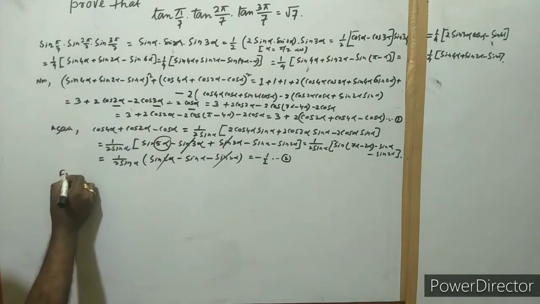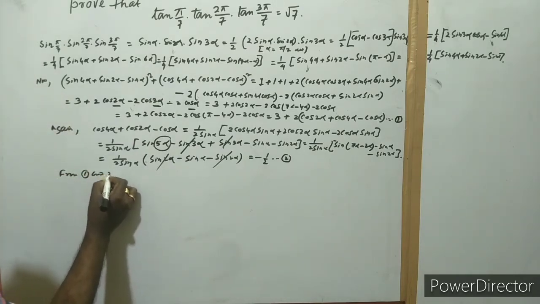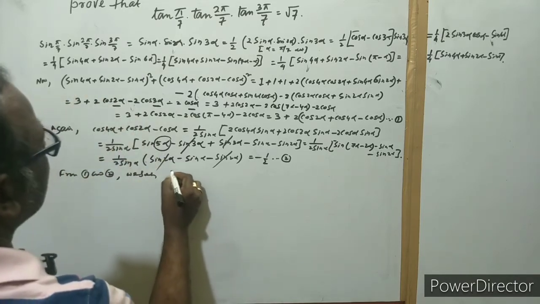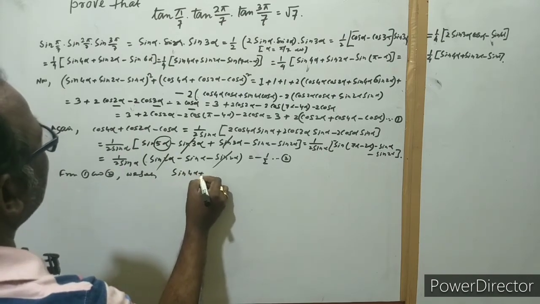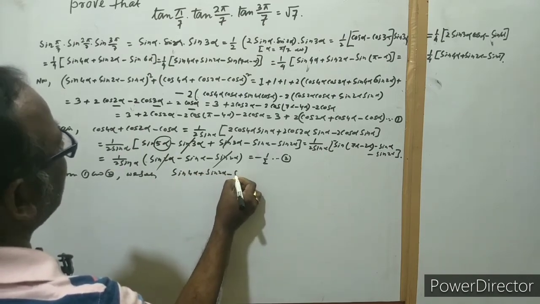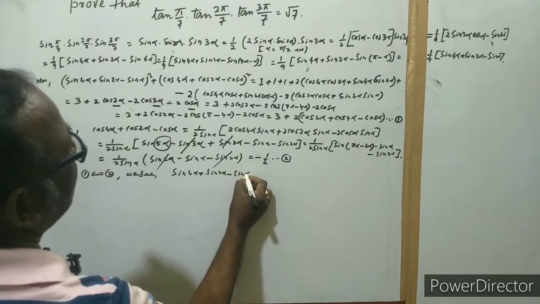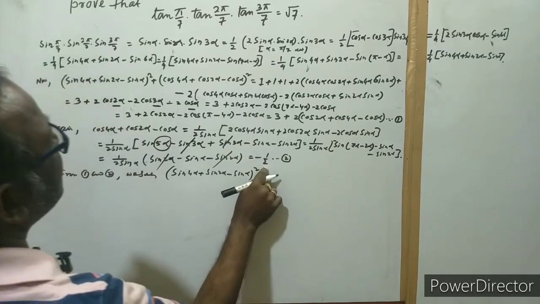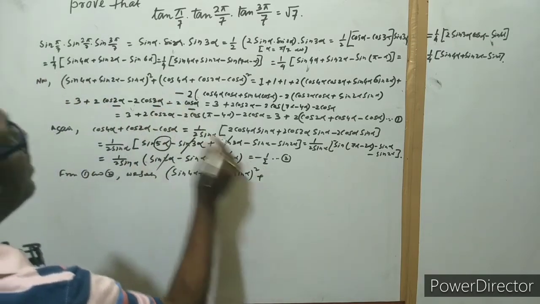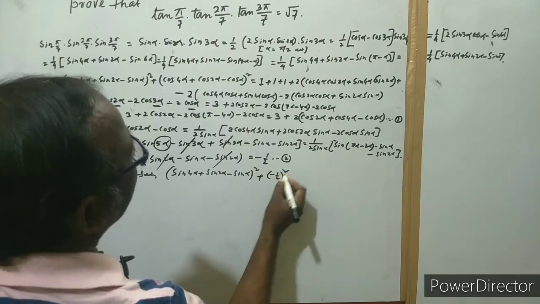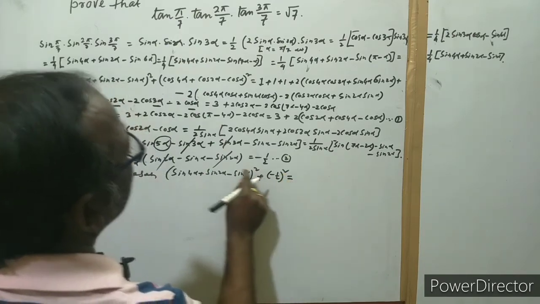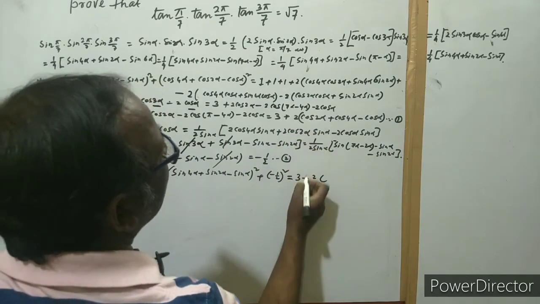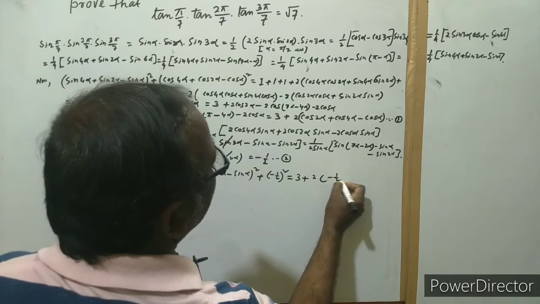So from 1 and 2 we get, and this is equal to sin 4 alpha sin 2 alpha minus sin alpha whole square, and the value of this is here half. Okay, so this is minus half square, and is equal to 3 minus 2 times of plus 2 times of minus half.